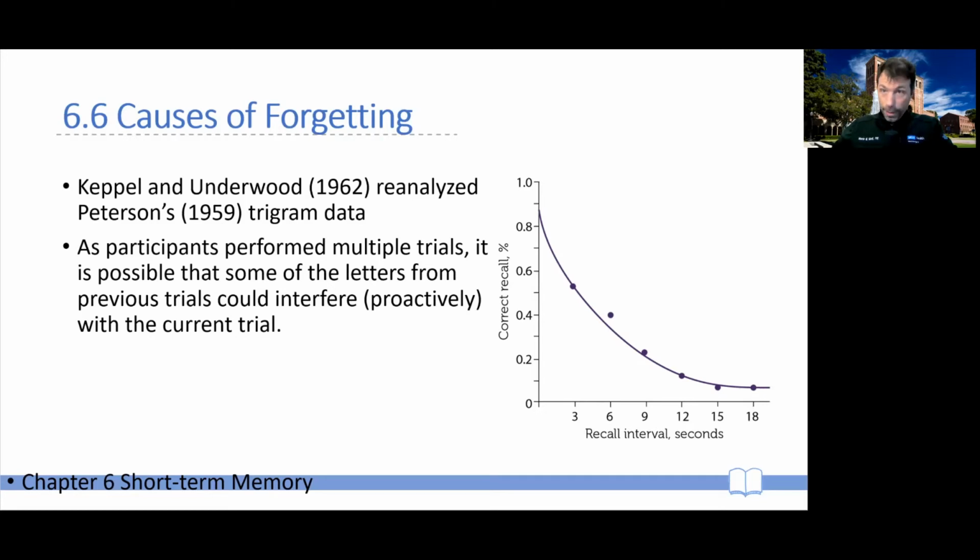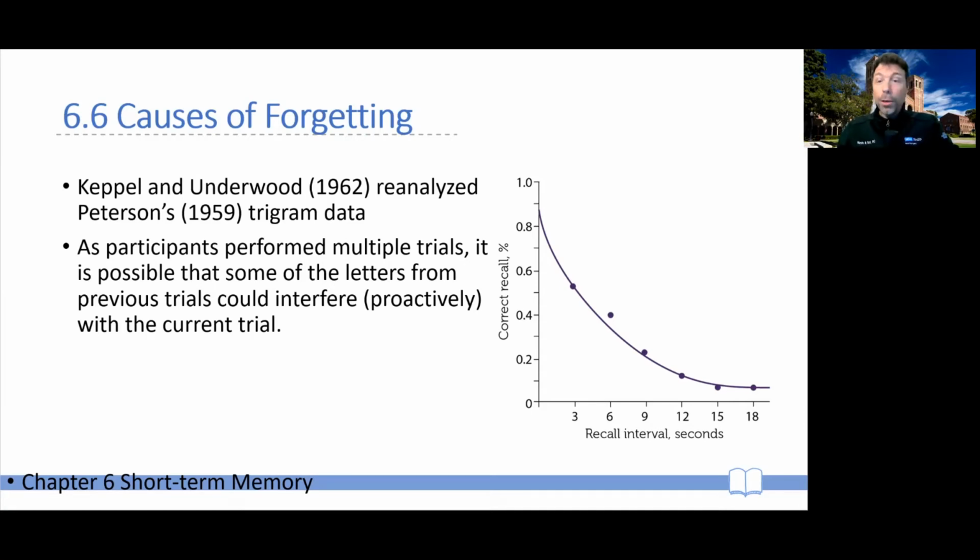But slowly over time, as they did multiple trials, the later trials would on average be worse. So they would recall the trigrams correctly fewer times than in the first few trials. And so they interpreted this as a form of interference. So sure, perhaps there's fading going on, which explains the 15 seconds.